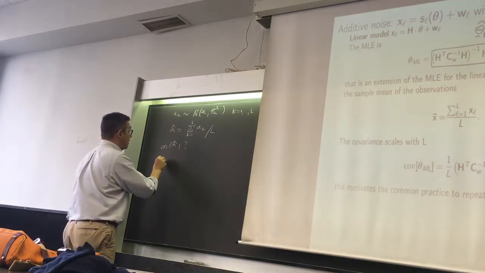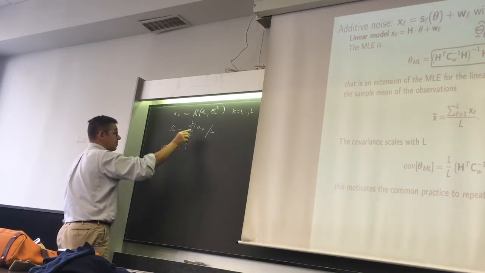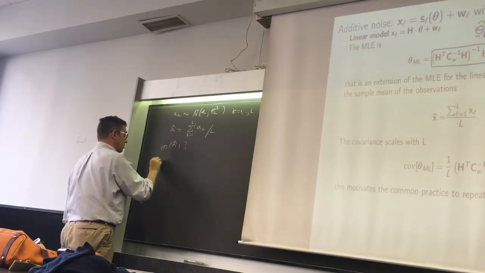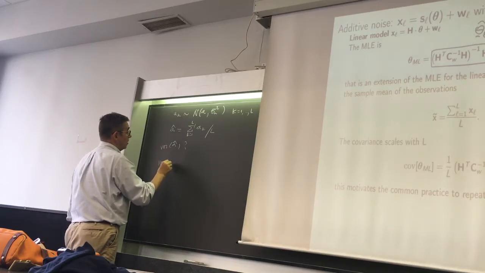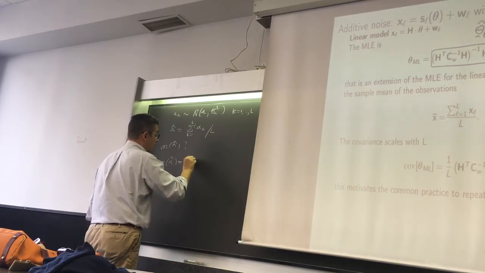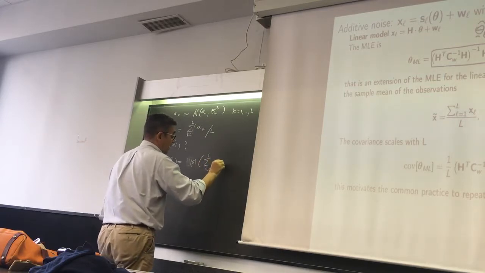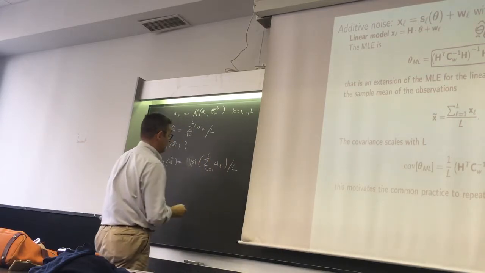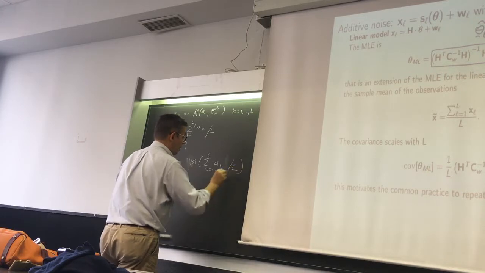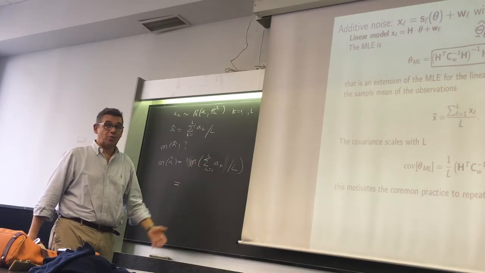So, let's prove it. The variance of that estimate is simply, I need to calculate the variance of each individual. So the variance of A hat is equal to the variance of the sum of k equal 1 to L of a_k divided by L. But the variance is a quadratic, so it involves a quadratic term.